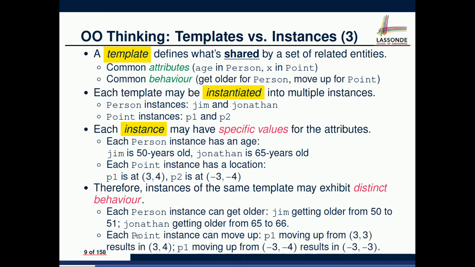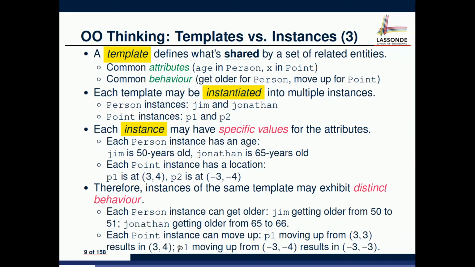Okay, similarly, when you talk about the point templates, because the way you define the moving up behavior is by adding 1 to the y value, when you say p1.move up, you will go from, let's say it used to be 3 and 3, you can see the location, and if you move up, you're going to add 1 to the 3. That'll be 3, 4.